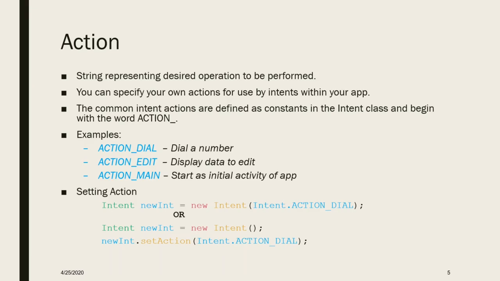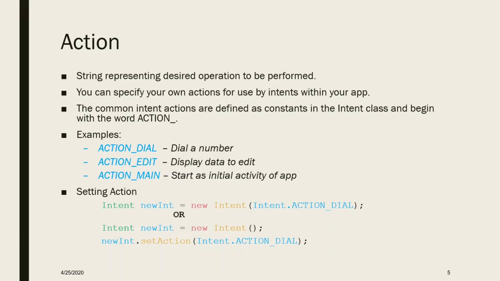Some built-in examples include ACTION_DIAL, which means I want some component to dial a phone number. ACTION_EDIT, which means I want some component to display some data for the user to edit. And ACTION_MAIN, which means I want to start an activity as the initial activity of an application.